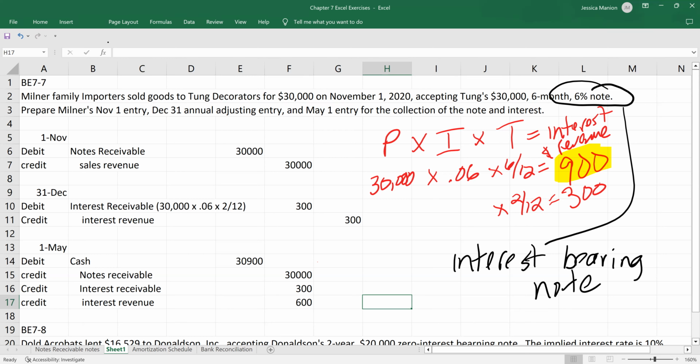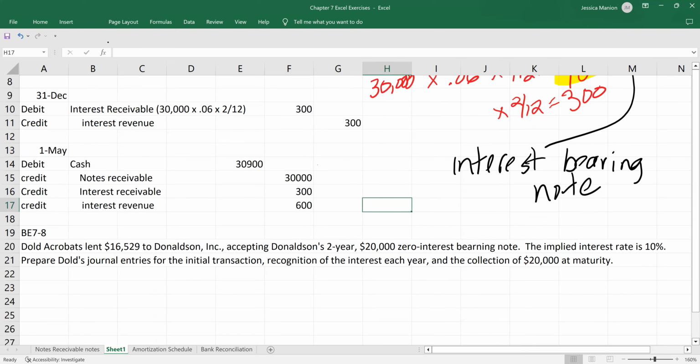Now we're going to look at one that is a zero interest-bearing note, but we're going to see zero interest-bearing notes still charge interest. It's just lumped into the face value, essentially. But any questions about this one? Is that looking okay? Okay. Let's look at this next one then.